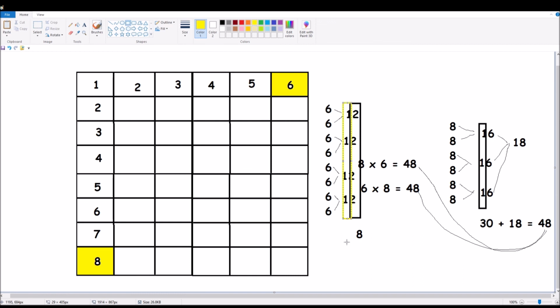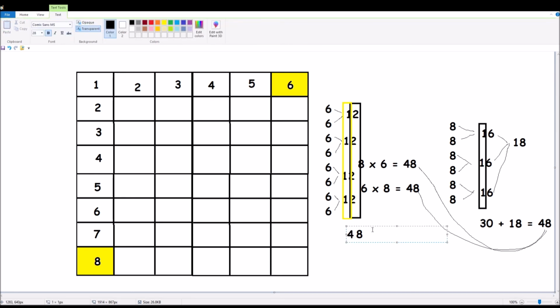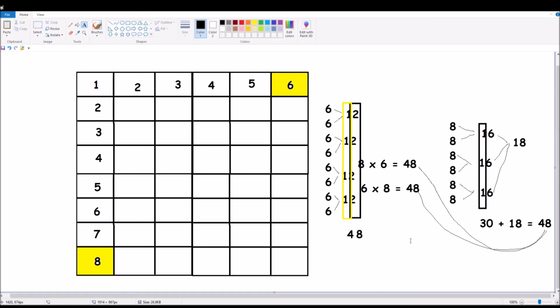And we'll add up our 10s. Our 10s are 1, 2, 3, 4. So our total is 48 because 40 plus 8 is equal to 48. Okay, so it doesn't matter. We got the same answer no matter which way we did it.